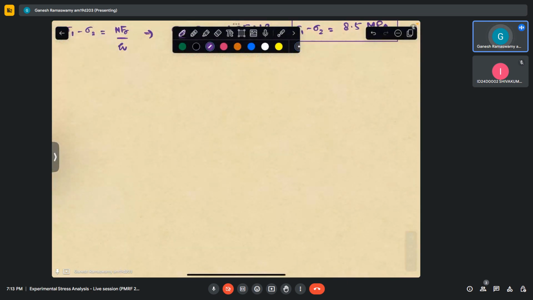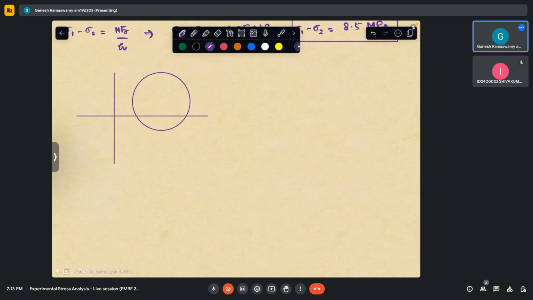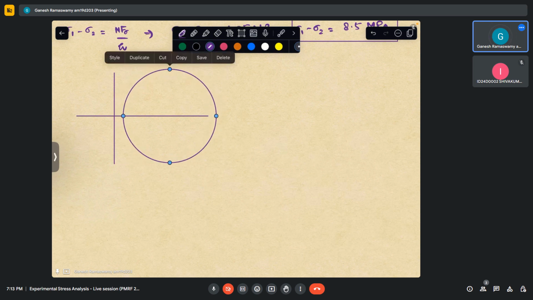Okay, so let us say that we have the Mohr circle like this, and I am assuming that both the stresses are positive. It need not be so, but in any case it does not bear much consequence to our problem at hand. So this is basically our Mohr circle.